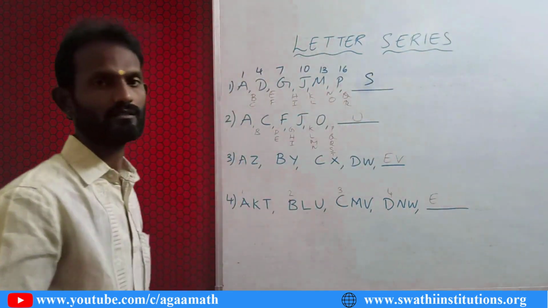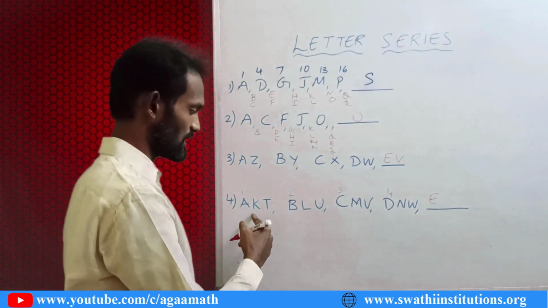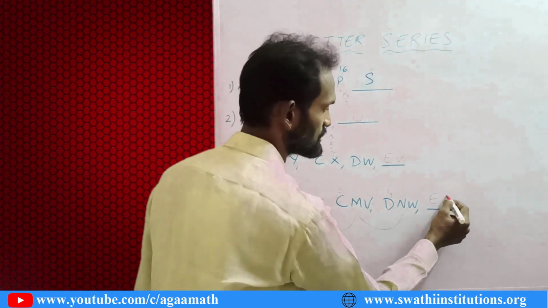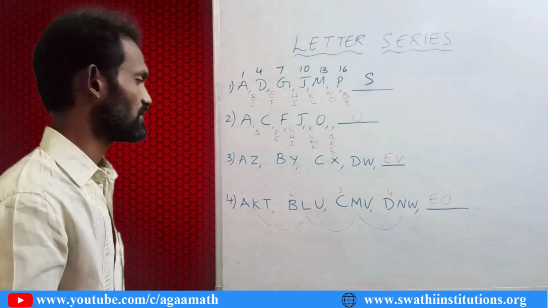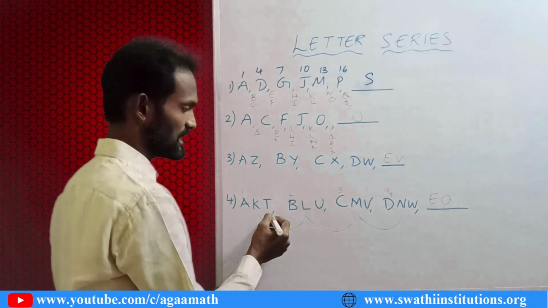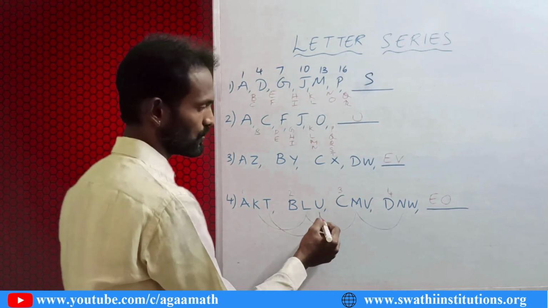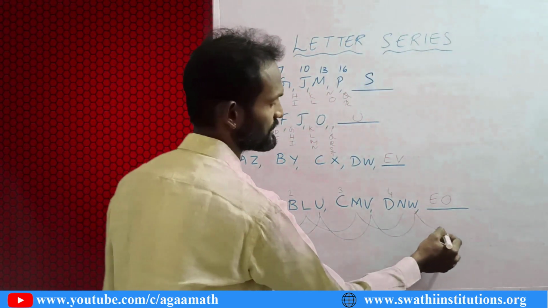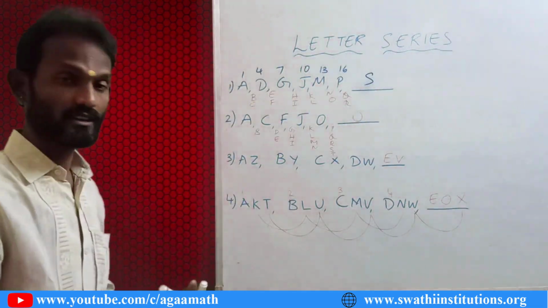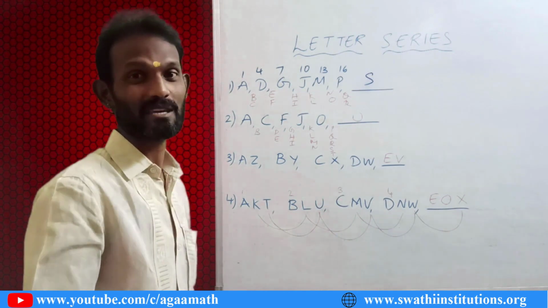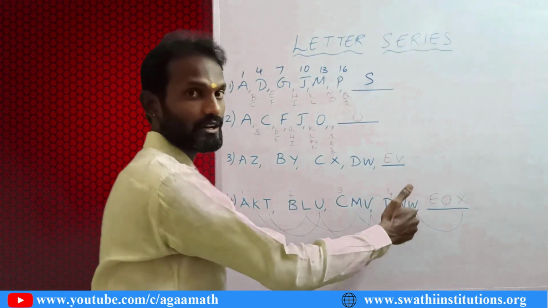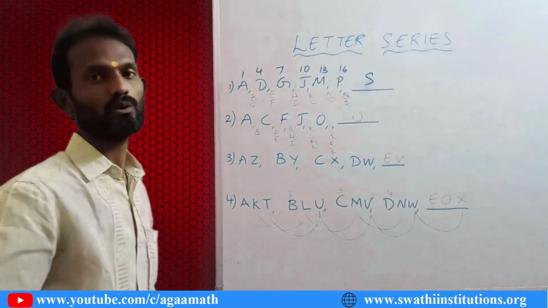So I got E. And the next K, L, M, N. Next is O. Right? Now if you observe these letters, T, U, V, W, and the next is X. So EOX. This method is said to be the skipping method, skipping the positions where the letters are framed, so this is EOX.